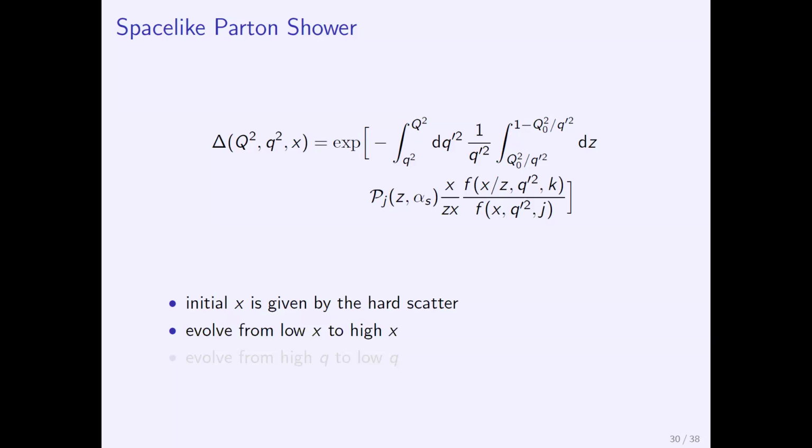And then what we do is we evolve from our low X to our high X, and from high Q to low Q. And again, this whole thing, the space-like parton shower, which gives us initial state radiation, is, just to be clear, the same as the time-like shower, but now we're going basically backwards in our X. So we're still going from high Q to low Q, but we go from our low X to high X. And the way that we do that is by the incorporation of the PDFs here. So this is kind of the key ingredient in something like a space-like parton shower.